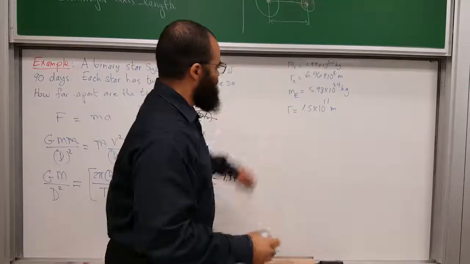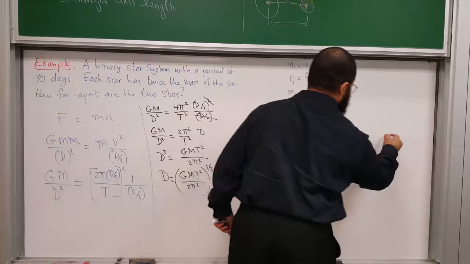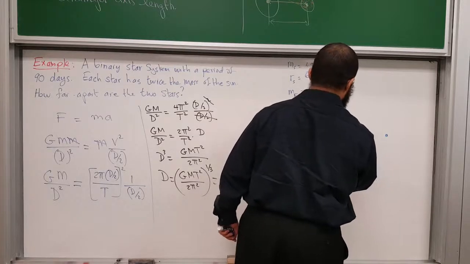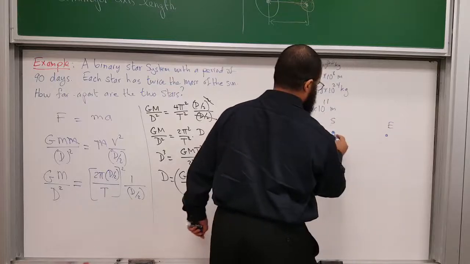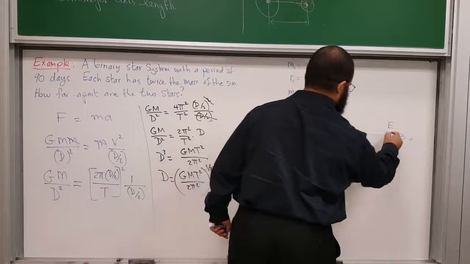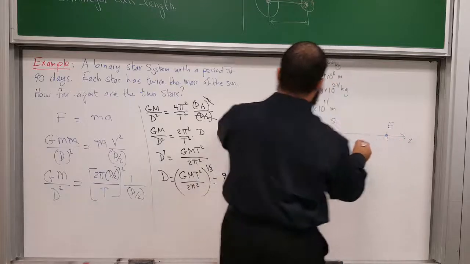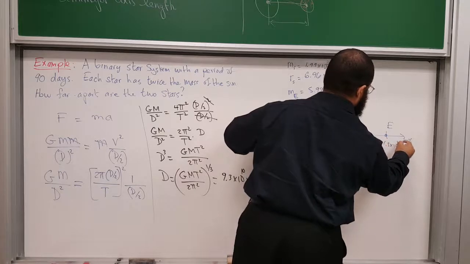Okay. So let's just draw this picture. Here is the Sun, here is Earth. Let's find the position of the center of mass. Here's the x-axis. This is x equal to 0, and this is x equal to 1.5 times 10 to the 11th.